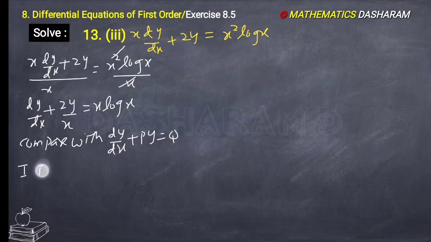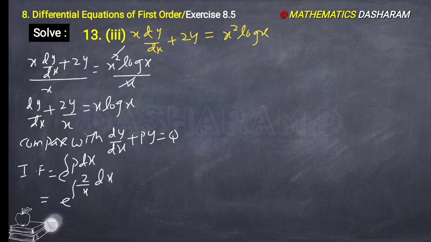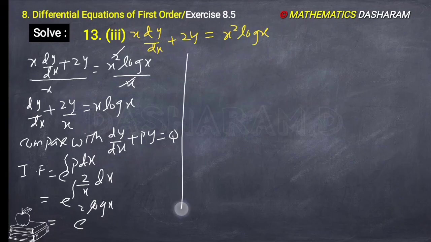So then the integrating factor is e to the power of integration p dx. So e to the power of integration, the p value is here 2 by x, and this is the q value. So it is equal to e to the power of 2 into log x, then e to the power of log x square, then e and log cancel, x square is the integrating factor.